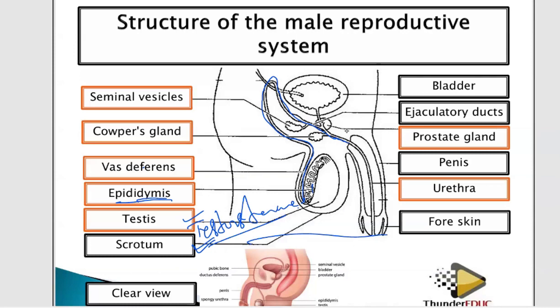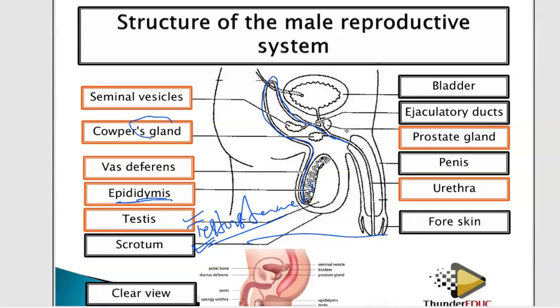So this tube is called the vas deferens. Don't call it sperm duct; it's better you call it vas deferens. Basically, it transports sperms from the epididymis to the urethra.